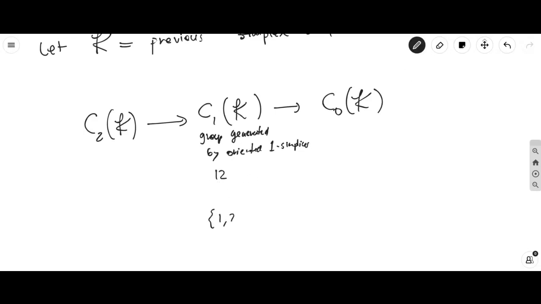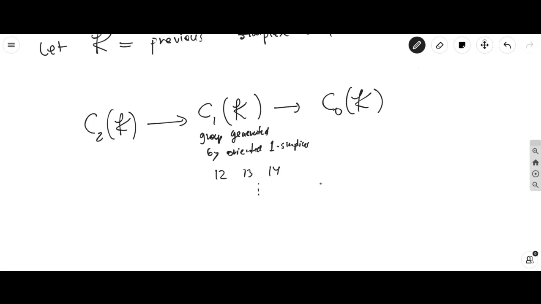This is supposed to represent 1, 2, but we're choosing an orientation. The orientation does not matter. You just have to choose something. You just have to orient them somehow, because otherwise you're unable to define what a cycle is. So you orient them in any way you want. Then let's say you have [1, 2], [1, 3], [1, 4], and so on. You have to count how many you have. And if you count, you have 15 of them. There's 15.